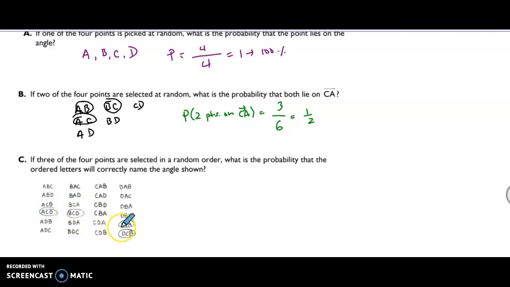And so the circled ones are the ones that are correct, right? That's how you can correctly name that angle. So here the probability, right, is going to be, there are 24 possible outcomes, I believe, and only 4 would be the correct way, right? And so this simplifies to 1/6.